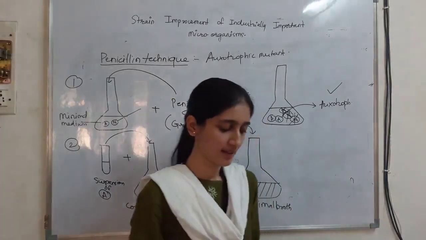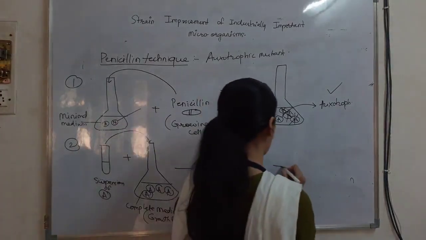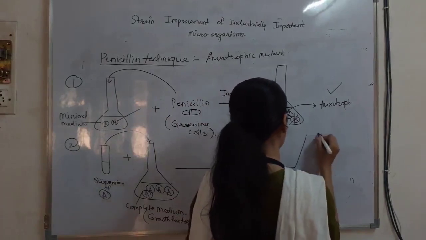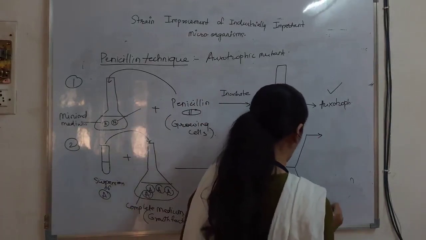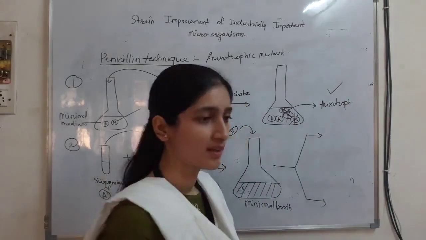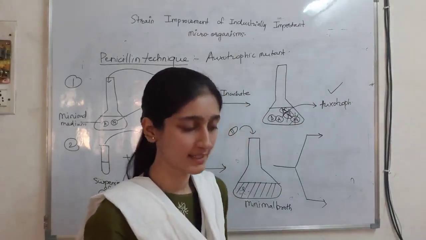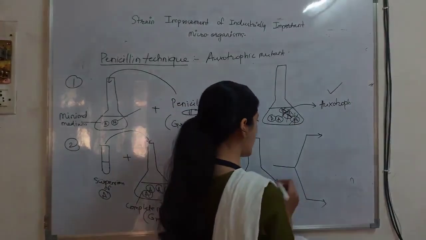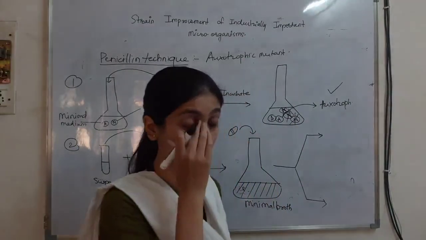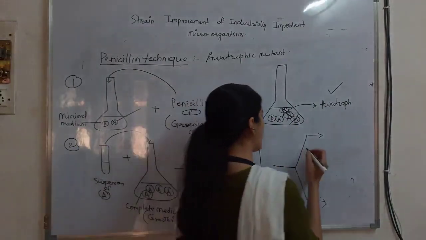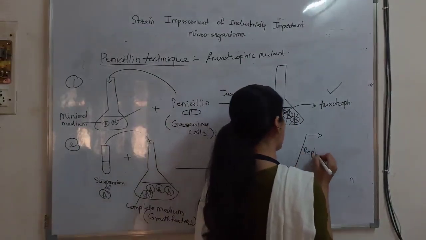After incubation, the wild cells will be killed here, and for the selection of the auxotrophic mutant we can use the replica plate technique.